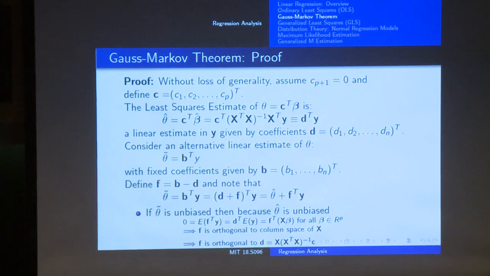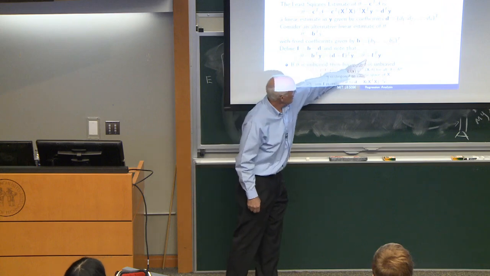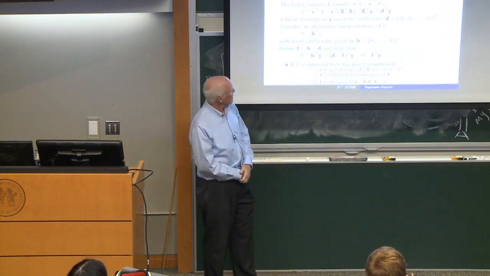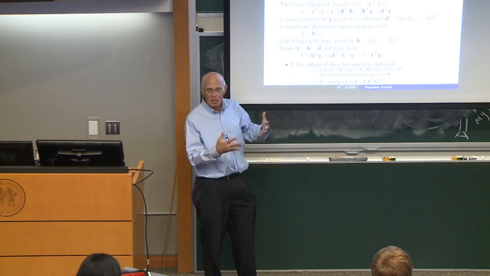And so that can be characterized as basically this vector f transpose y. This difference in the estimates must have expectation 0.